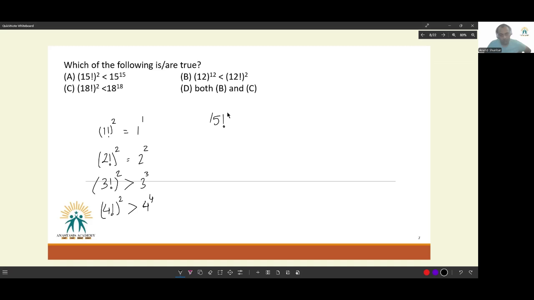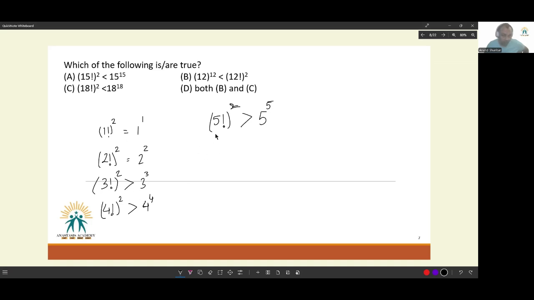5 factorial square is 144 followed by 2 zeros, and 5 raised to the power 5 is 3125. Significantly larger. Not only is it larger, can you also see that from 3 factorial square and 3 cube, to 4 factorial square and 4 raised to the power 4, to 5 factorial square and 5 raised to the power 5, the gap between them is also rising.